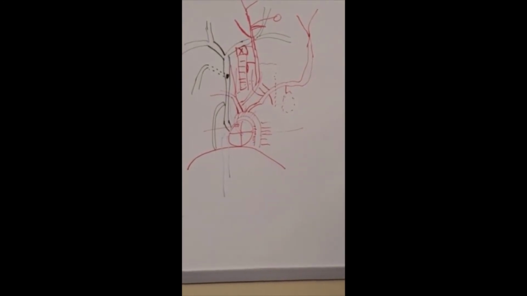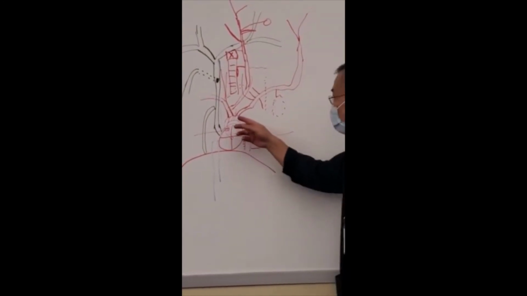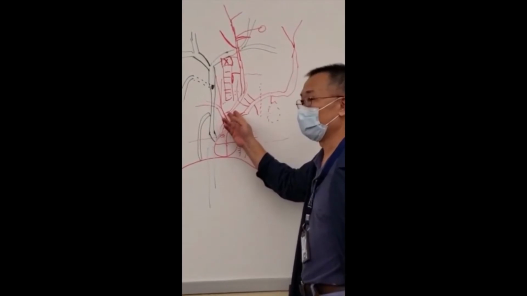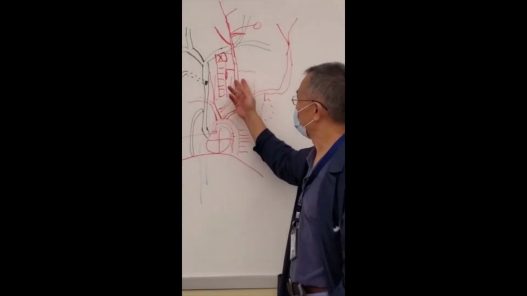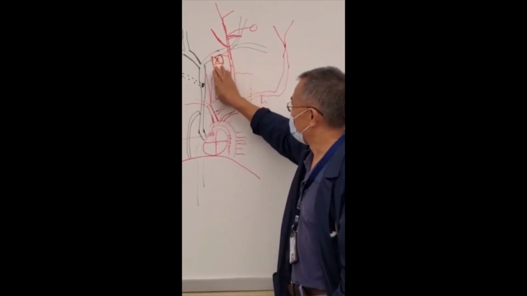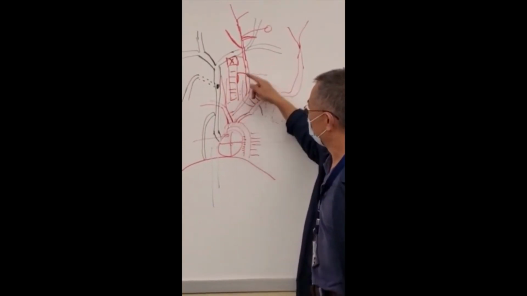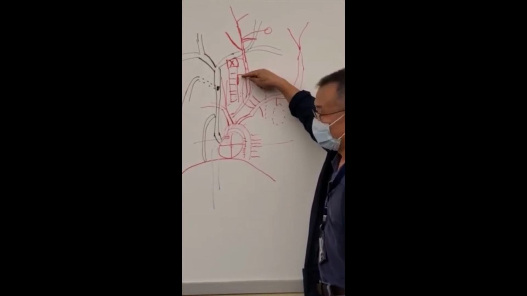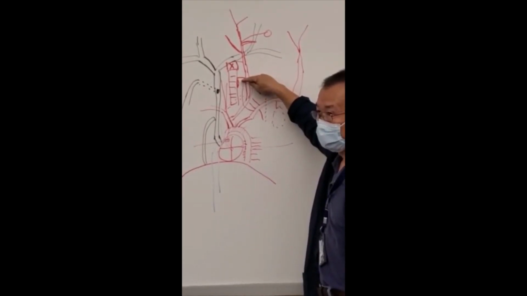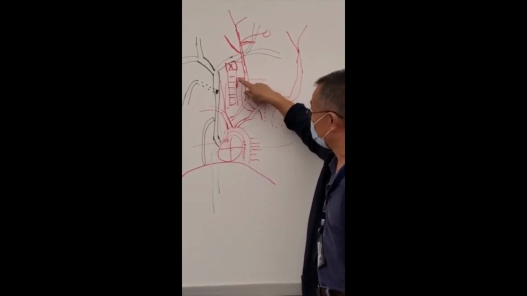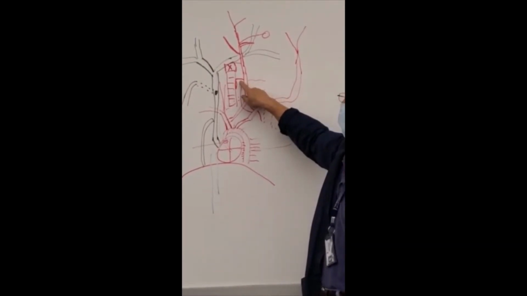So that's about the aorta. Now we're going up through the left common carotid, all the way going up. This is the neck. This is the trachea. When it reaches the upper portion of the trachea, you find one branch going to supply the thyroid gland, because this is the superior thyroid.